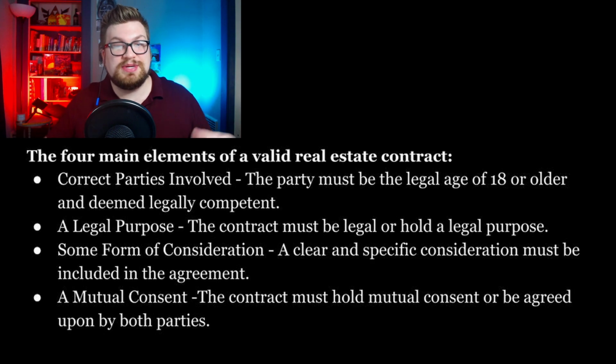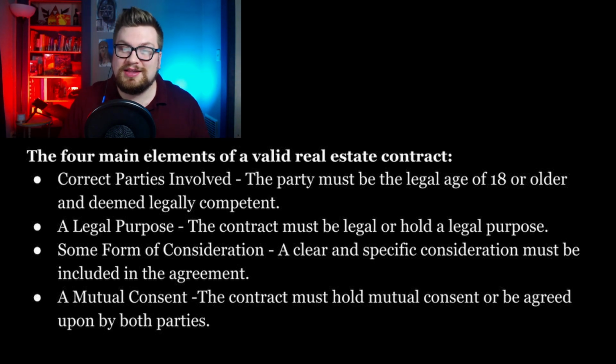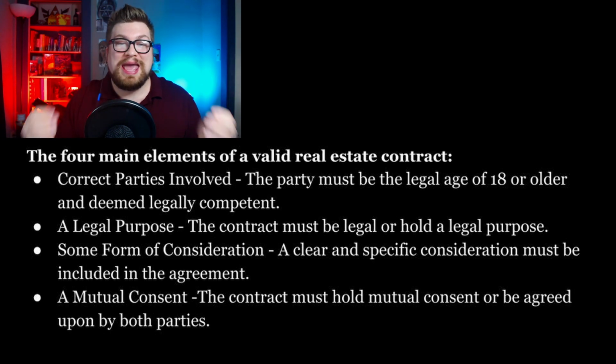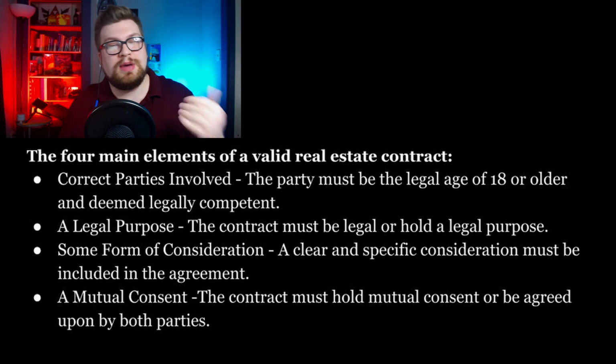A legal purpose must exist. The contract must hold a legal purpose. More on that later. 3. Some form of consideration must exist, meaning a clear and specific consideration must be included in the agreement. 4. A mutual consent must exist, meaning the contract must hold mutual consent or be agreed upon by both parties.